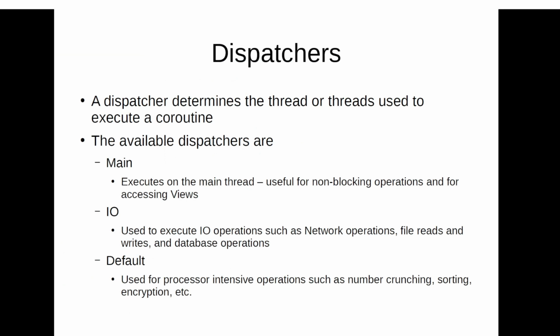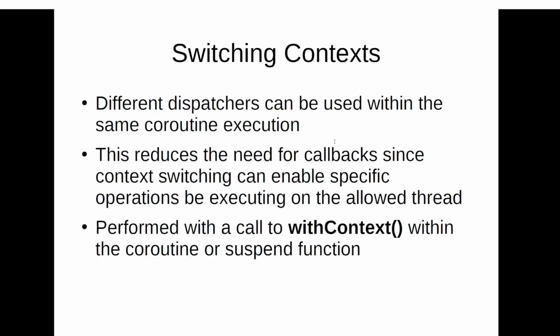When dealing with coroutines in Android, we actually have the ability to switch contexts within a single coroutine. That is, once we've launched a coroutine within a given scope, we can have different aspects of that coroutine be executed on different dispatchers.